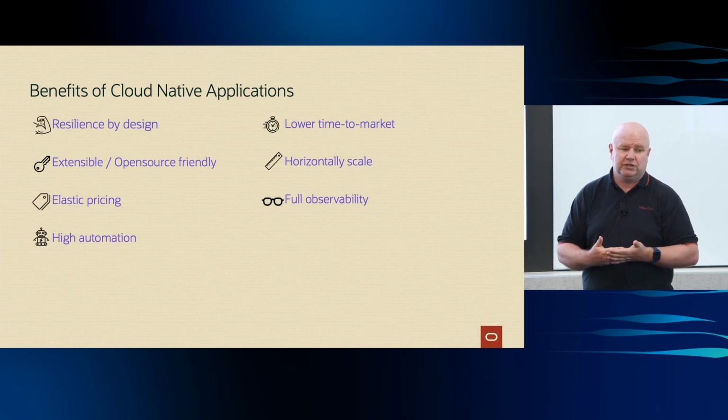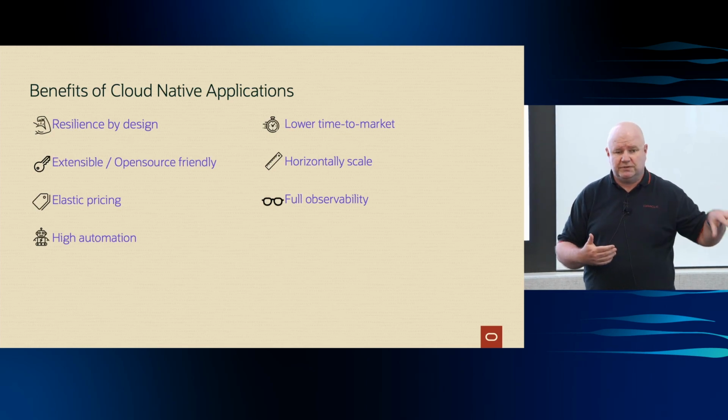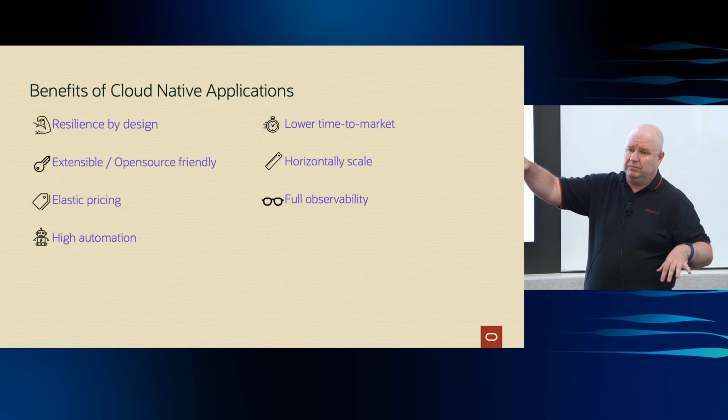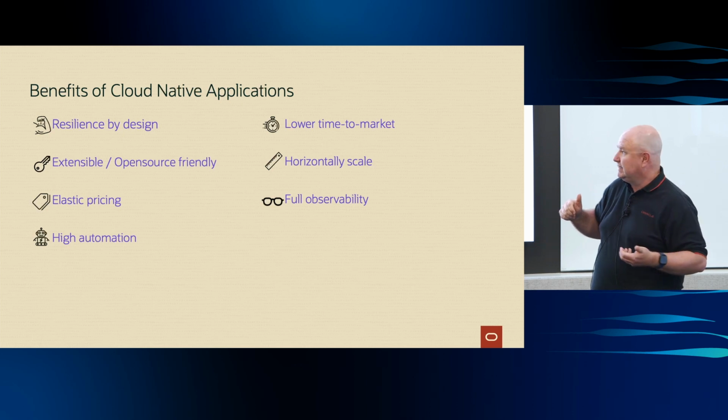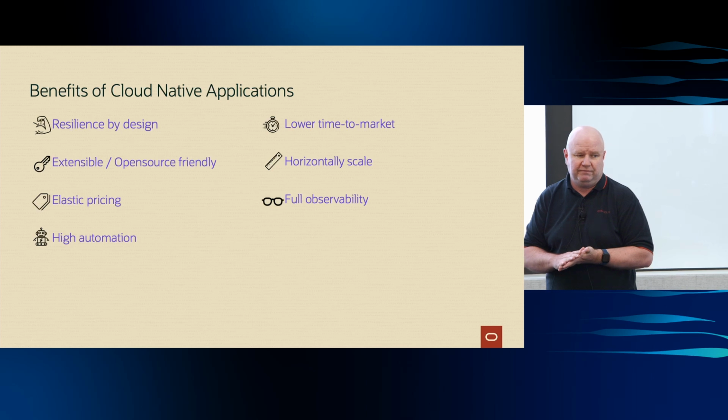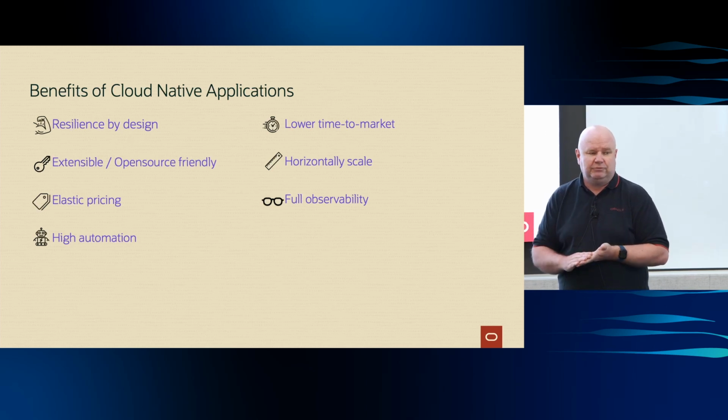High automation of all technologies is preferred, with the ability to go from source code to deployment, plugged into all those monitoring components automatically and directly executed. Lowering time to market is also important.